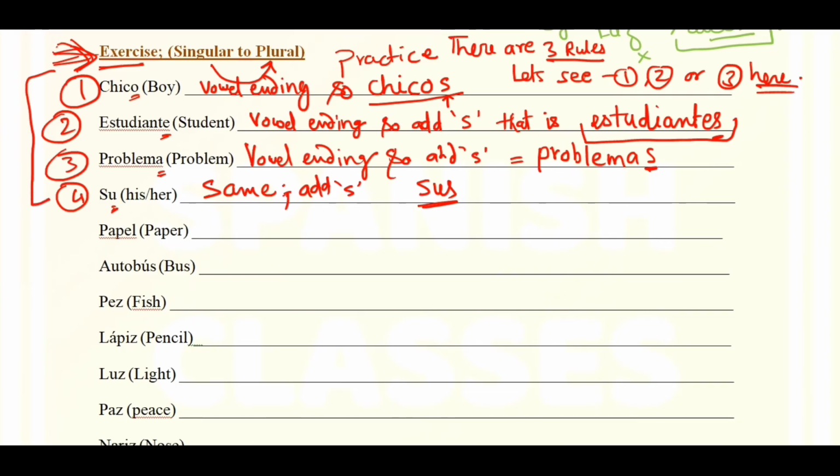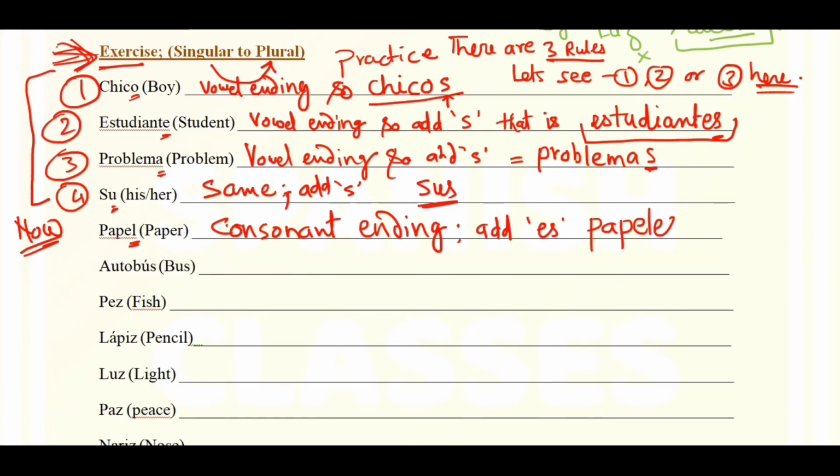Now, changing the category. Papel. Consonant ending noun. Consonant ending nouns means you have to add es. Add es. Papel becomes papeles.